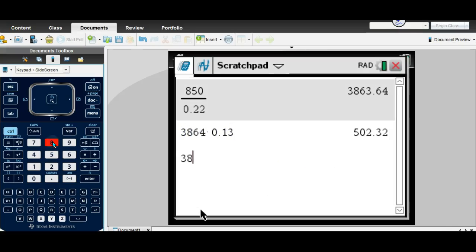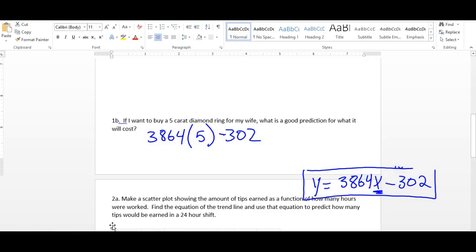So 3864 times 5 minus 302, and it's going to cost $19,018. So let's say 19,018. Again, yours might be very different than that.